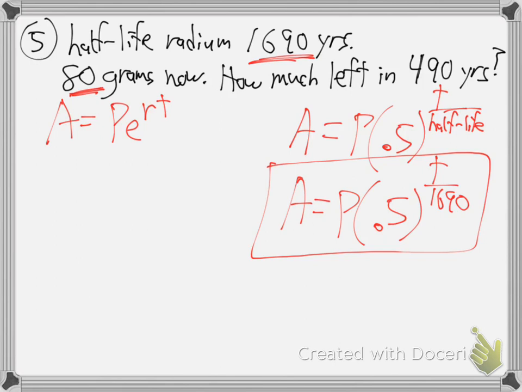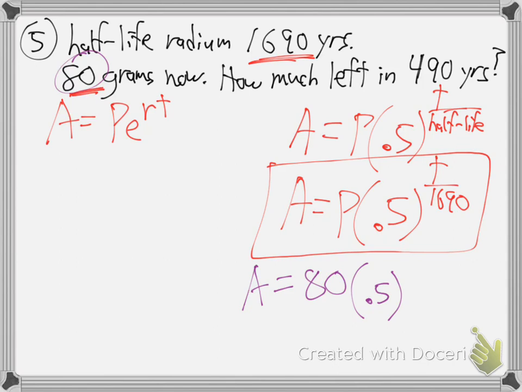So let's just finish this problem, and with whatever time we have left, I'll tell you where I got that shortcut from. For half-life problems, it's just 0.5 to the t over the half-life, 1690. Just grab the P, the amount now. What's that? 80. It's like the principal investment, the amount you put in the bank first, the amount of radium that's there first, times 0.5 to the t.